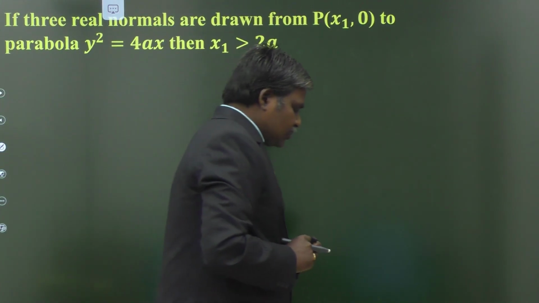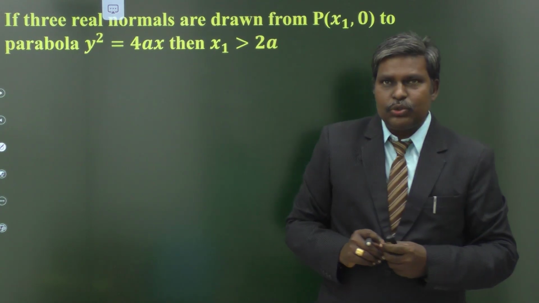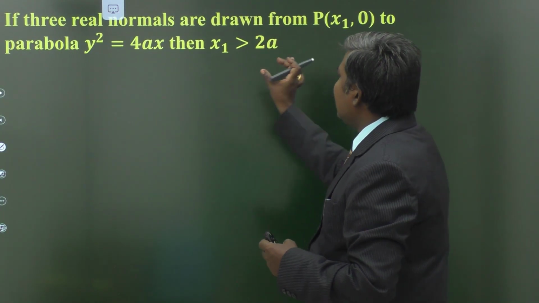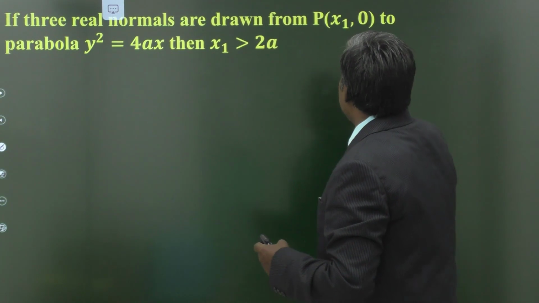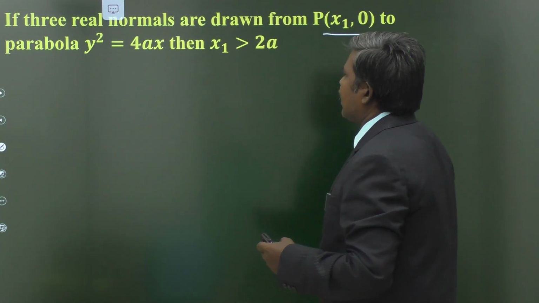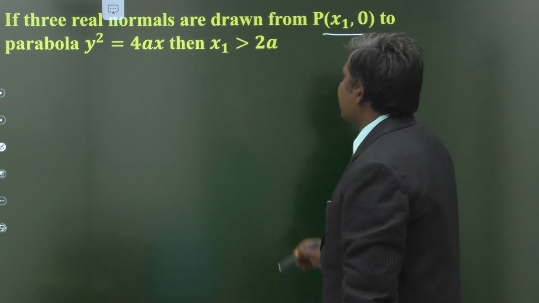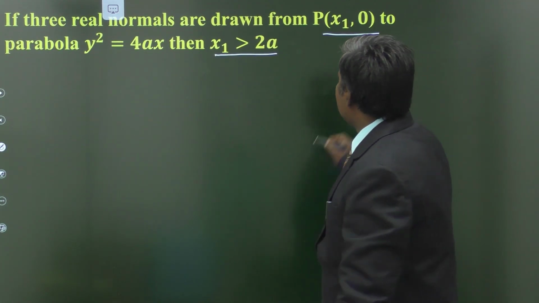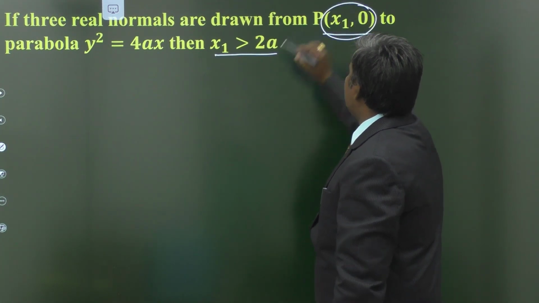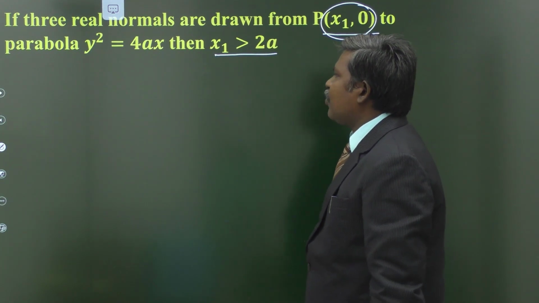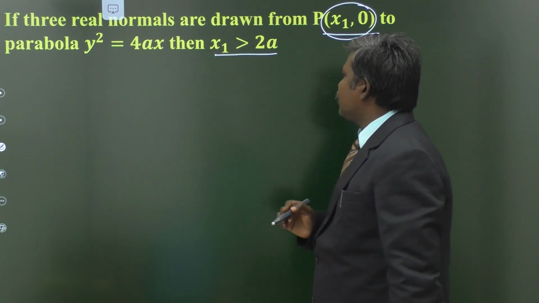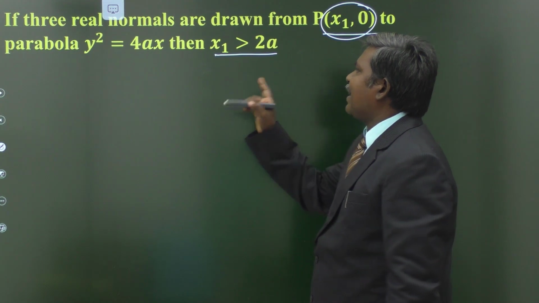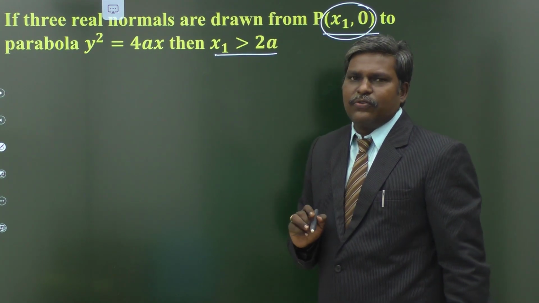See here, this is also a very important result for you. What is that? If 3 real normals are drawn from P(x1, 0) to the parabola y^2 = 4ax, then x1 > 2a. (x1, 0) is what? This is a point on the axis of the parabola.